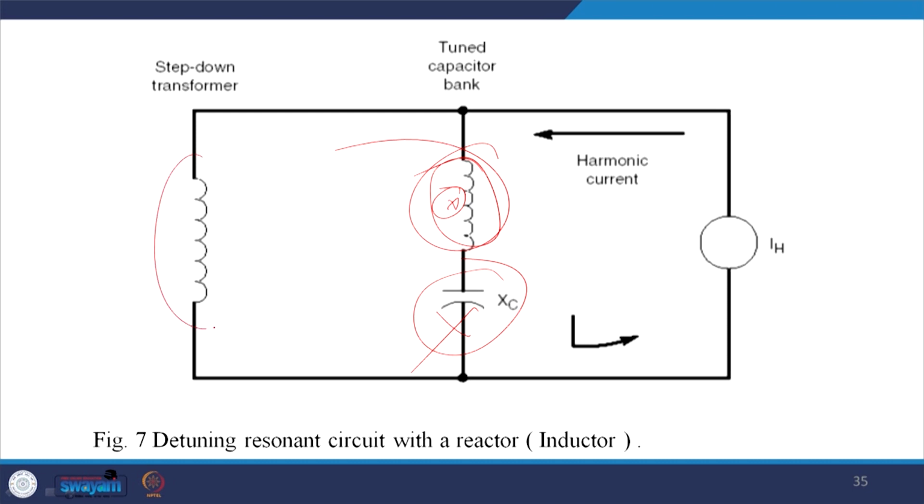This inductor you have not connected, it is there because of the leakage reactance of the transformer, but you require to physically connect an inductor and you make it a tuned capacitor bank filter. We will discuss in detail while designing the filter. I have dedicated 1 or 2 classes for discussing this entity.